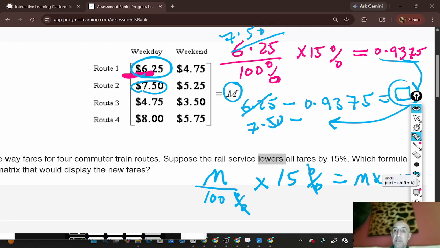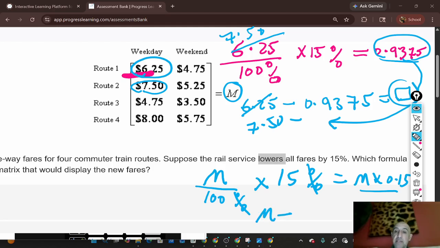Okay, but this is the result that we get here, which is how much we need to take off, right? Then we need to get back to the answer by taking the M and subtracting, which is the original amount of money, minus 0.15 M.